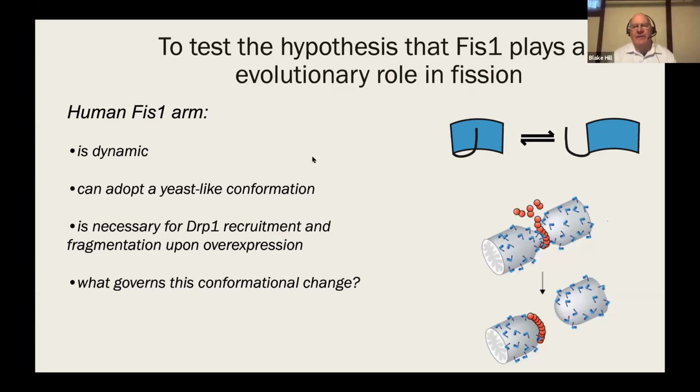Yeah, that's a really interesting question. We've long thought that maybe the arm is a sensor for something that's happening right at the membrane, be it recruitment of cardiolipin or things like that. And Rob Wells, a student in lab a long time ago, looked at this, and we definitely saw that it was sensitive to membrane curvature.